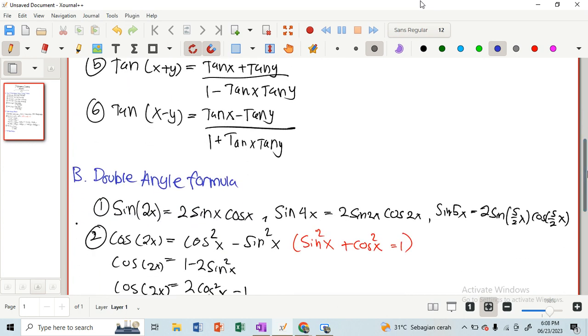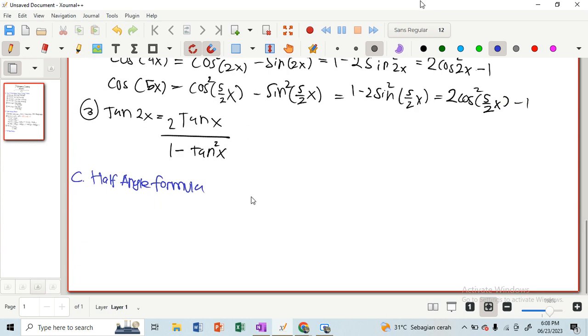Now for the half angle formula, for the right-hand side, you write the angle double the initial angle.